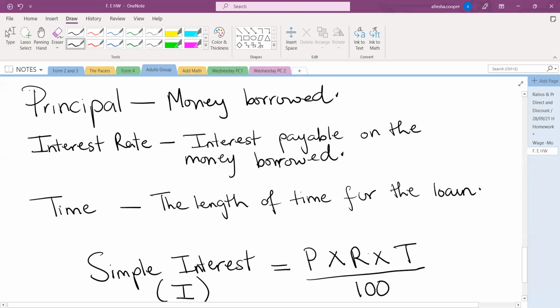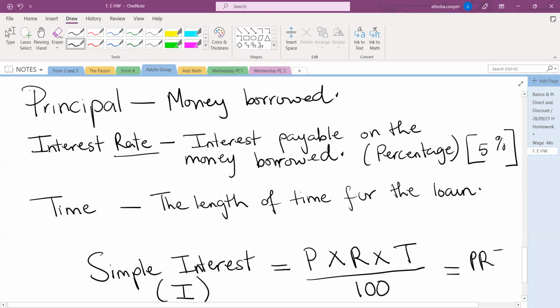And it's over 100 because your rate is a percent. Like how we have 5%, the 5 is going to be on top and the 100 is going to be at the bottom. So this is also shortcutted as PRT over 100.